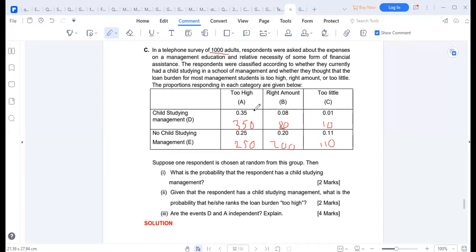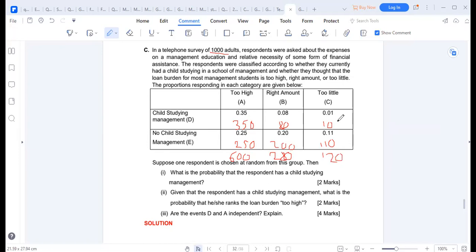This is one of the easiest. So find the totals, the row totals and the column totals. 350 plus 250, we get 600. 80 plus 200, we get 280. 10 plus 110, we get 120.